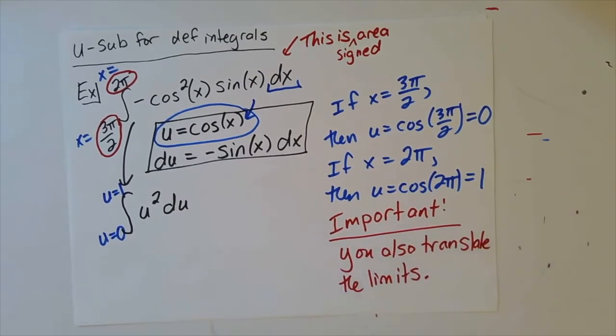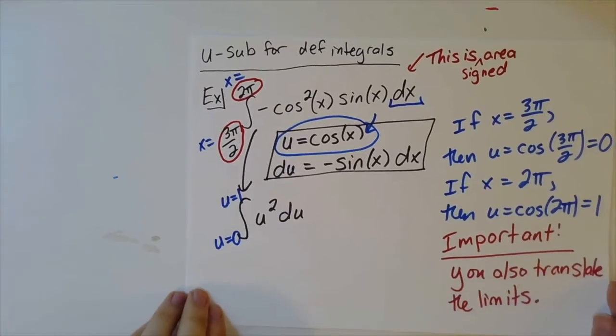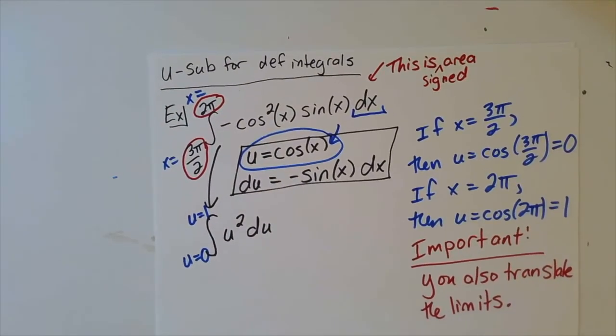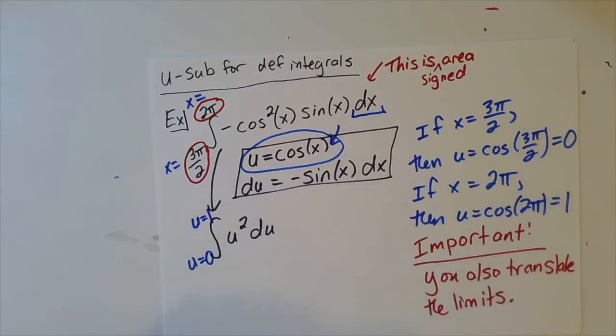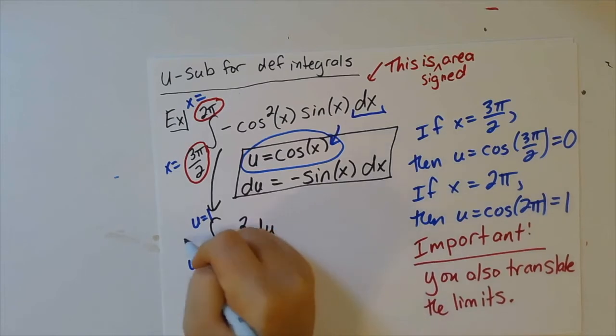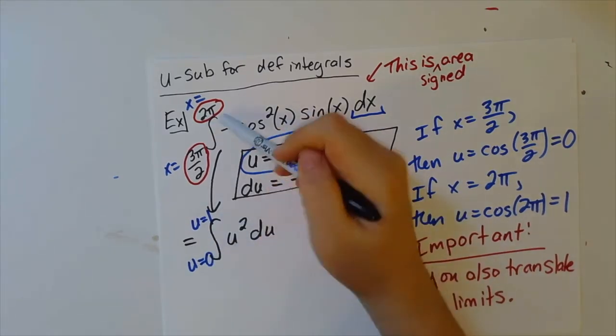Now I want to take a moment to appreciate that something kind of magical just happened. Namely, we translated this integral of some ugly thing involving trig functions to this integral of something involving just the parabola u squared, and we're saying these two things are the same.